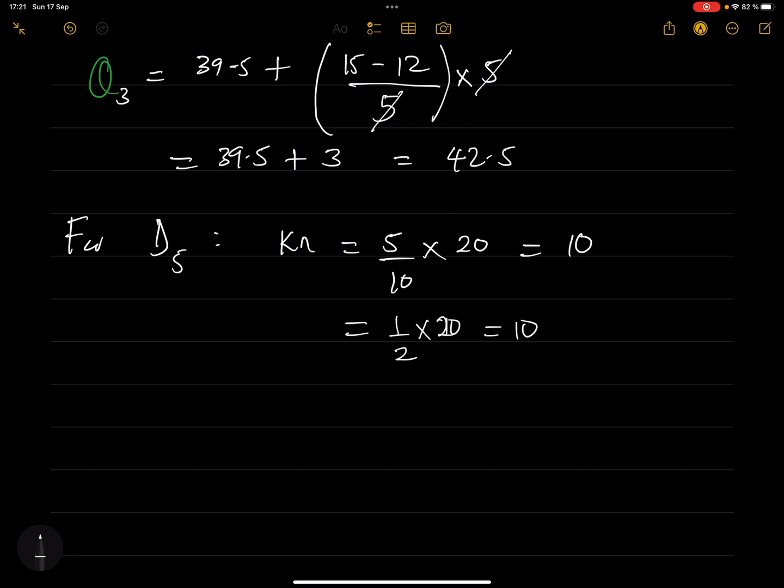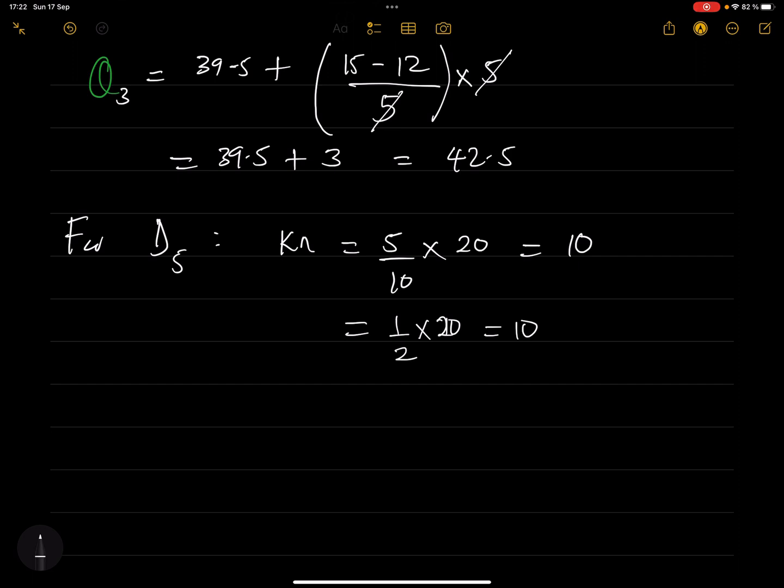I want to call your attention to something. Kn is half, even though it is the 5th decile. That is half of your full data set. Does this ring a bell? Half of your data set is nothing but the median. So therefore, the 5th decile will give you the median.